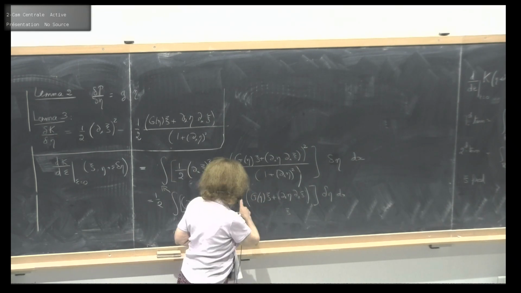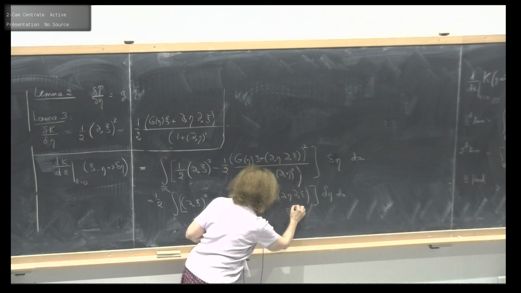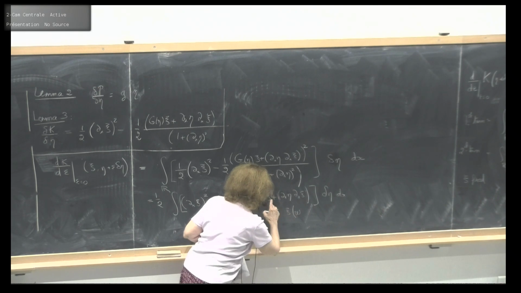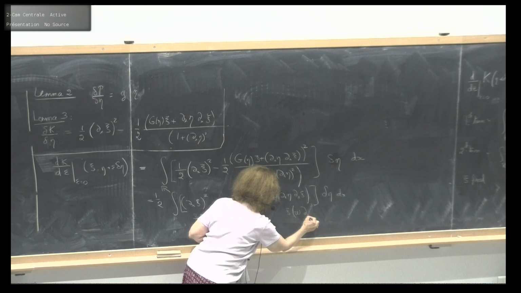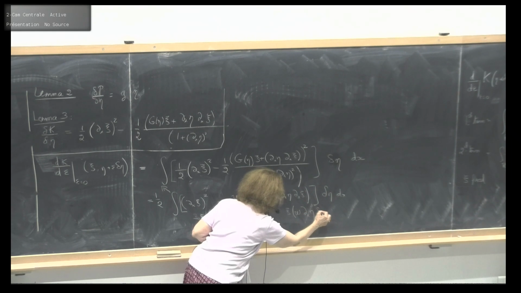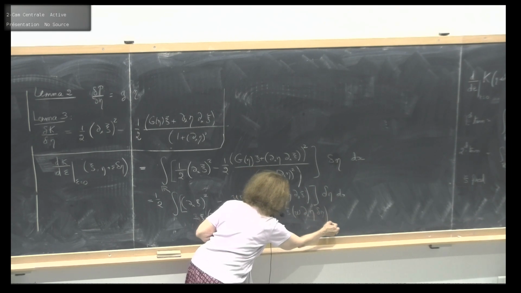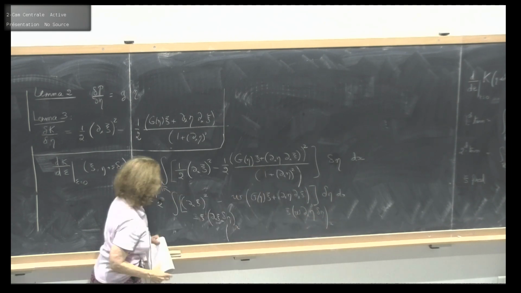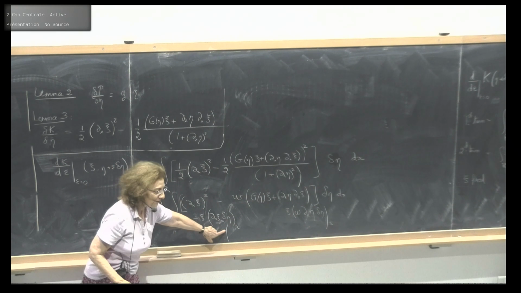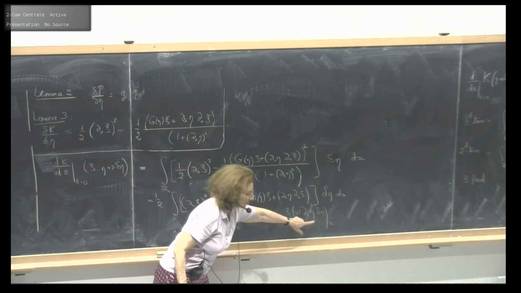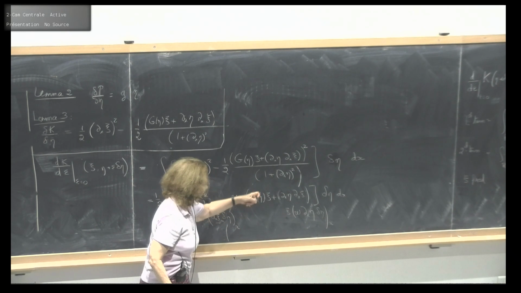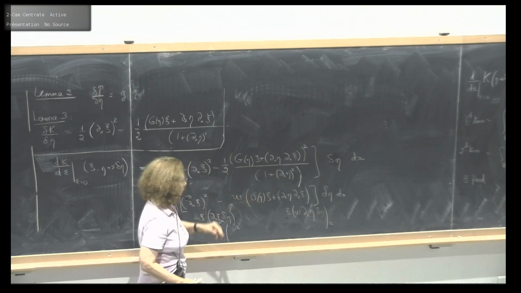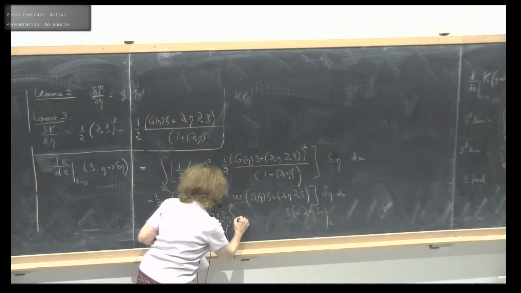Let's not worry too much about the signs, but it has to be correct. This term will give something like this, and this term something like that. And for this one, I will use that G is self-adjoint, so there is no change of sign.